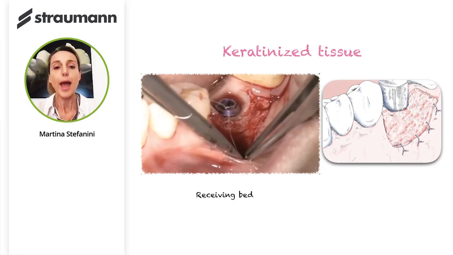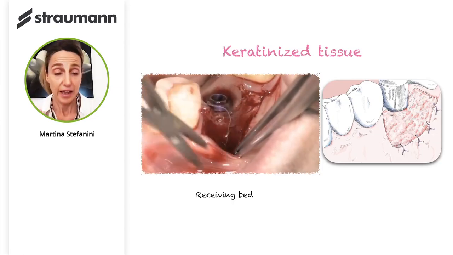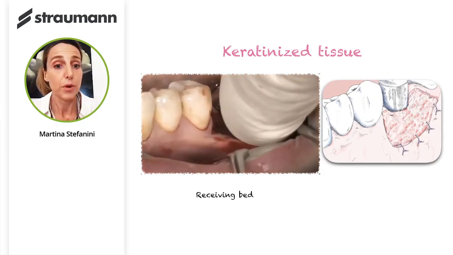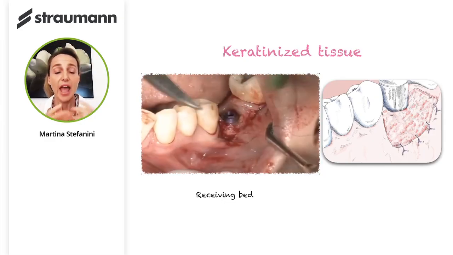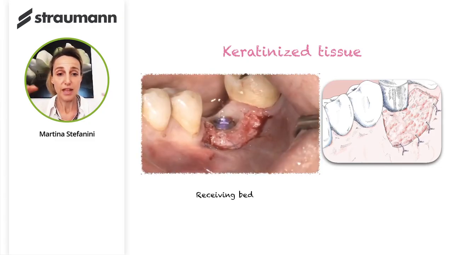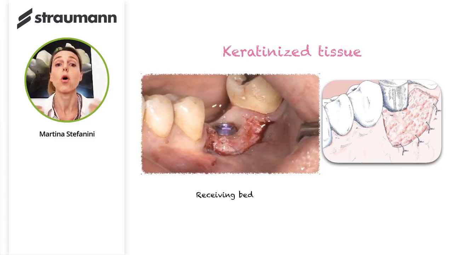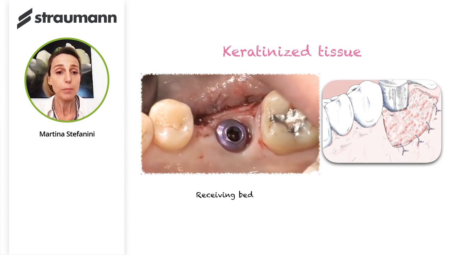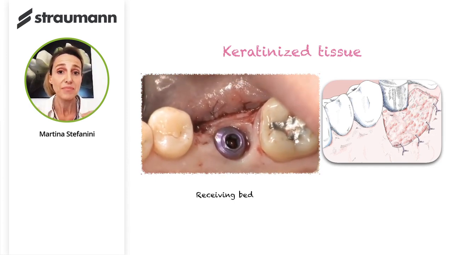Once the flap has been elevated, we can cut the remaining alveolar mucosa, and we suggest fixing the alveolar mucosa apically in order to obtain better bleeding control and to stabilize it, avoiding any movement of the free gingival graft when the patient starts to chew or talk and moves the lip.